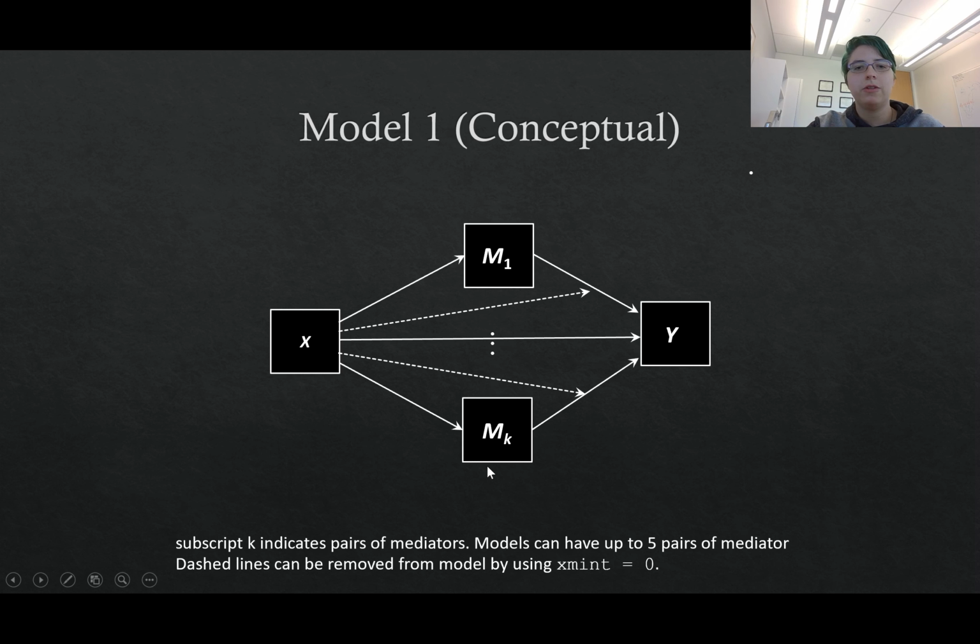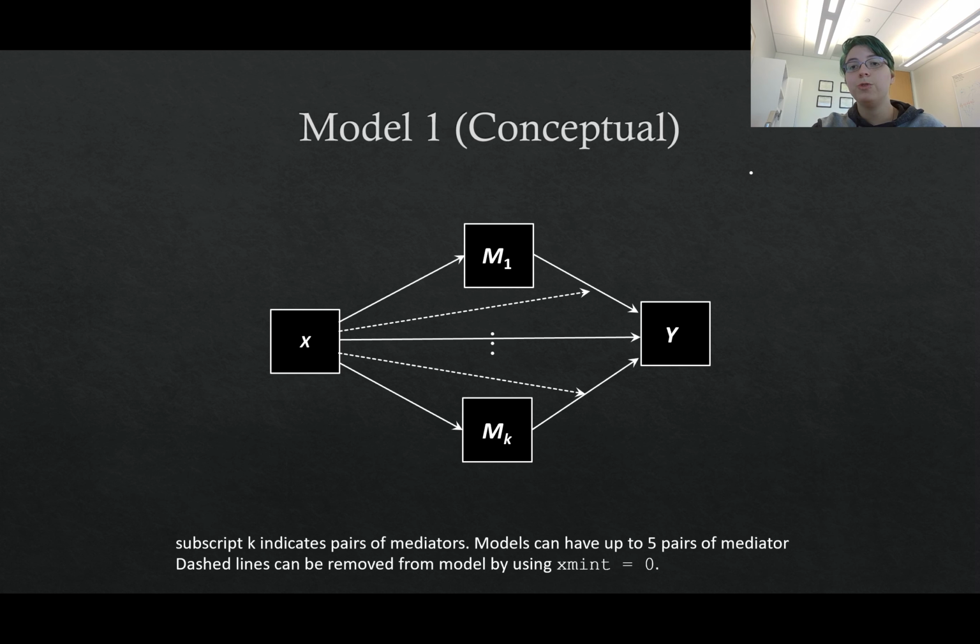The thing that you might notice is new is this little dashed arrow, and this is meant to represent the interaction that MEMORE estimates between the X variable and the M variable in predicting Y. This is something that is unique to MEMORE and is not something that PROCESS does, and so I wanted to emphasize it a little bit more.